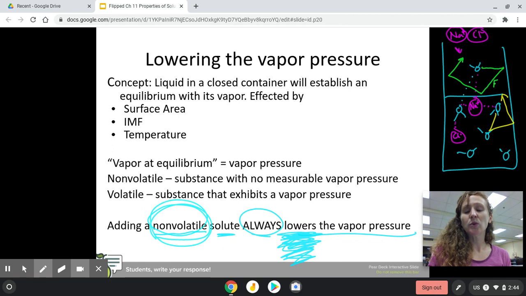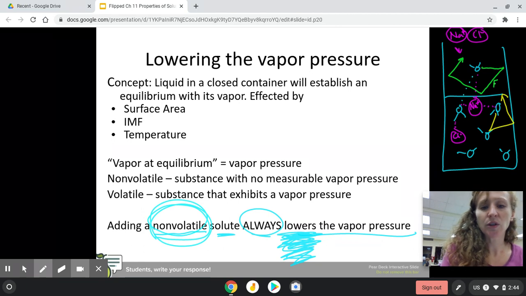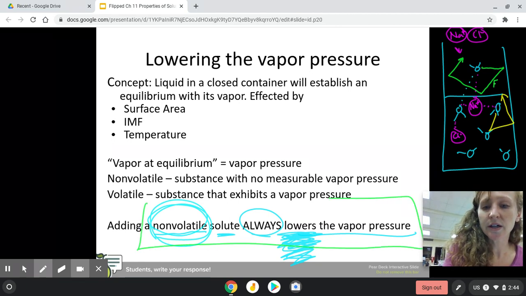So anytime you dissolve in a non-volatile solute, what you're doing is changing the attraction so fewer molecules can escape, and therefore you will have fewer molecules in the vapor phase exerting a pressure. Adding a non-volatile solute always lowers the vapor pressure. Keyword here, this is the relationship you need to remember.